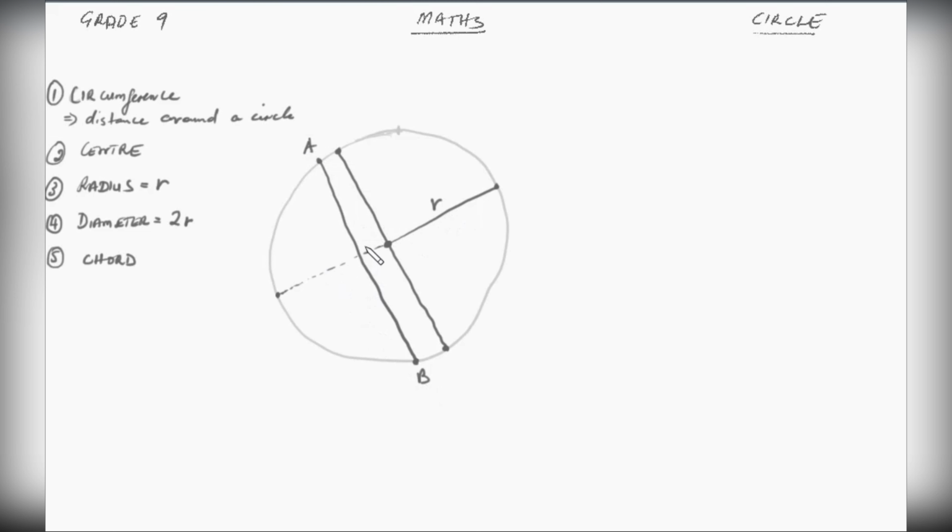now a chord will divide the circle into two segments. So that means a chord divides a circle into two segments. So this is a segment, this one, and this is called the minor segment, and this is called the major segment.